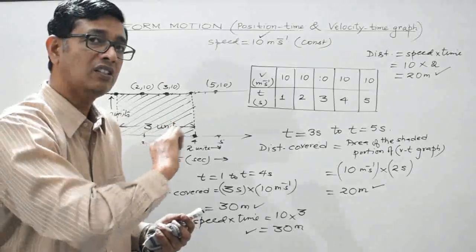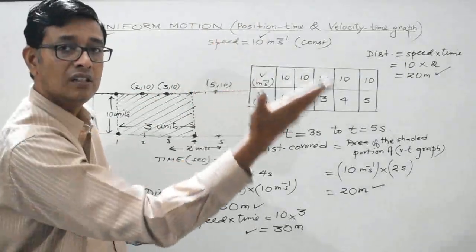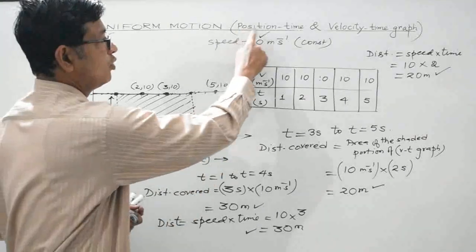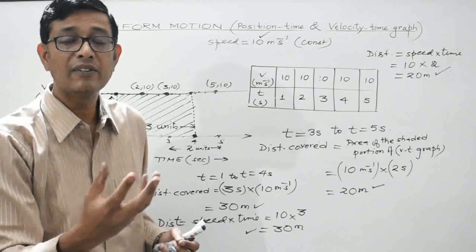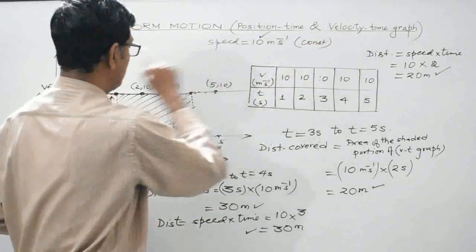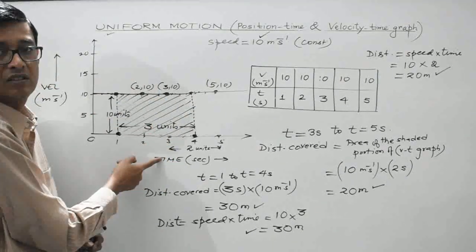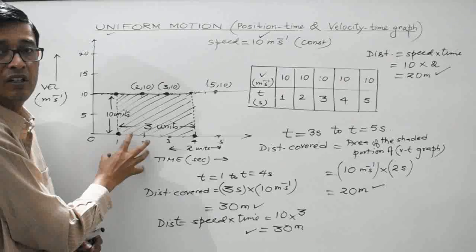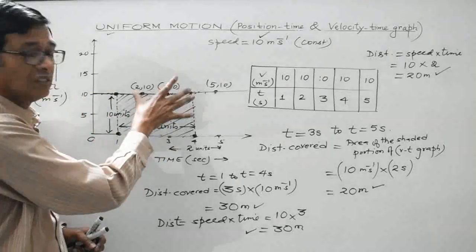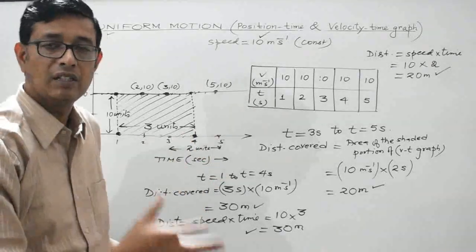It should always be a straight line, inclined towards the time axis. And with the help of position time graph, its slope gives us speed or velocity of the body. Velocity time graph, what will be the nature? It will be a straight line parallel to the time axis. And what is the significance of this graph? The area under velocity time graph will give us the distance covered by the body between two given intervals of time.